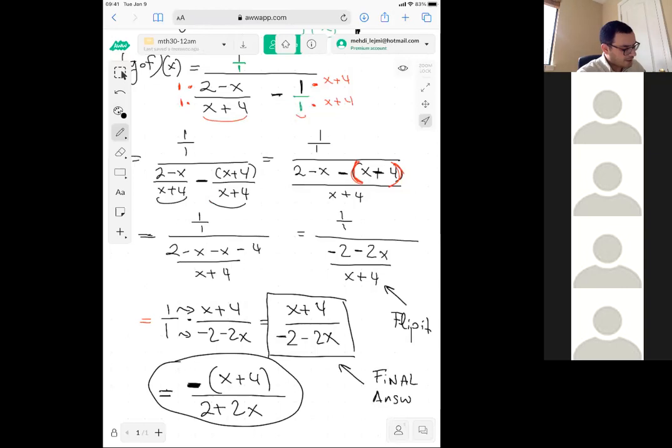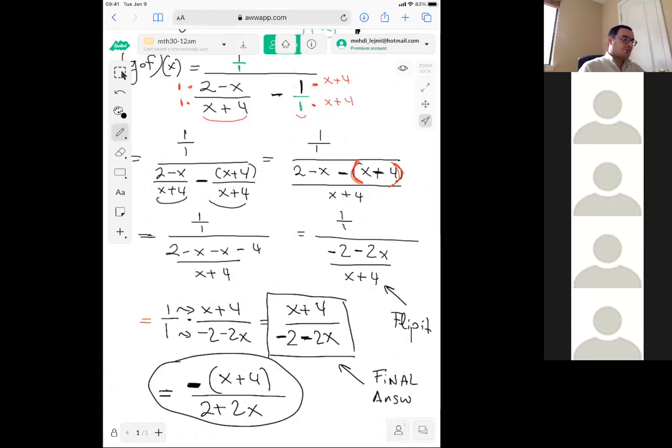Because I have minus here, I have a minus here, so you can factor out the minus. So we're going to have minus and then parentheses, right? 2 plus 2x. Anyway, is there any question, guys, how I got this x plus 4 over minus 2 minus 2x?